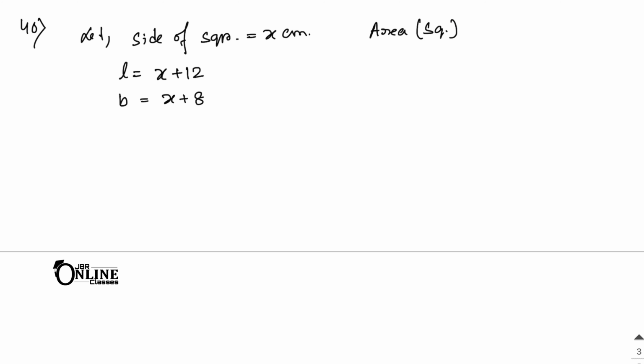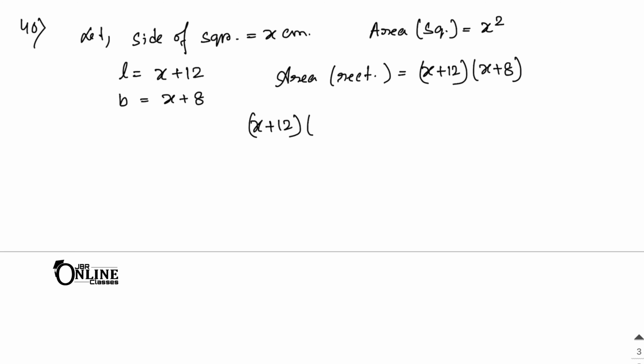Now here the area of the square equal to x square, and here the area of the rectangle equal to x plus 12 into x plus 8. So here according to the problem, the area of the rectangle is twice the area of the square. So you can write down x plus 12 into x plus 8 equal to 2 into x square.